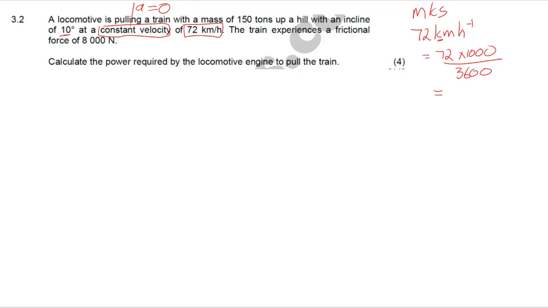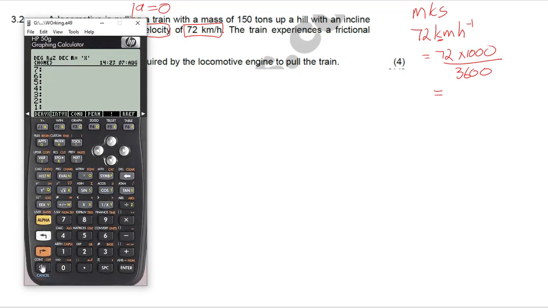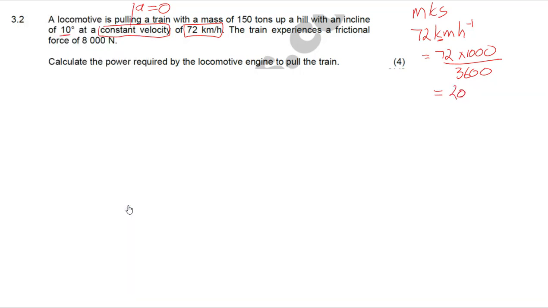So let me get a calculator. We have 72 times 1,000 divided by 3,600. That gives us a nice round answer of 20 meters per second. Okay, so now we've converted.